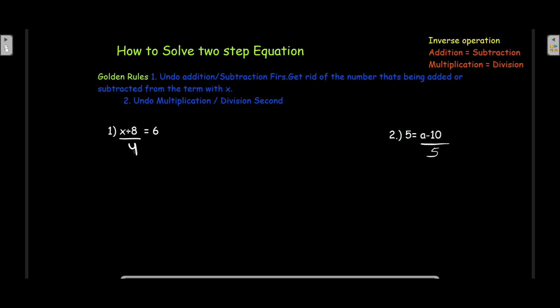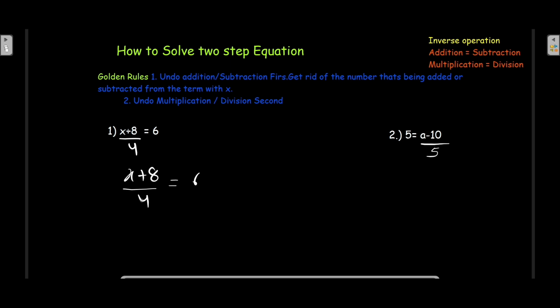So we have to eliminate this 4 first. I'm going to rewrite it here first. x plus 8 divided by 4 is equal to 6.